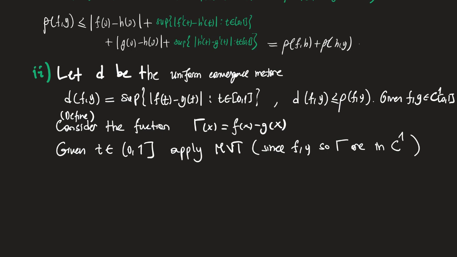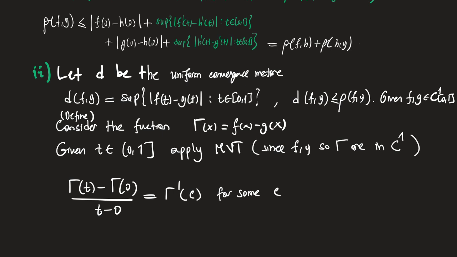So (gamma(t) minus gamma(0)) divided by (t minus 0) is equal to gamma prime of c for some c in the interval 0 and t. This is the statement of the mean value theorem from calculus.